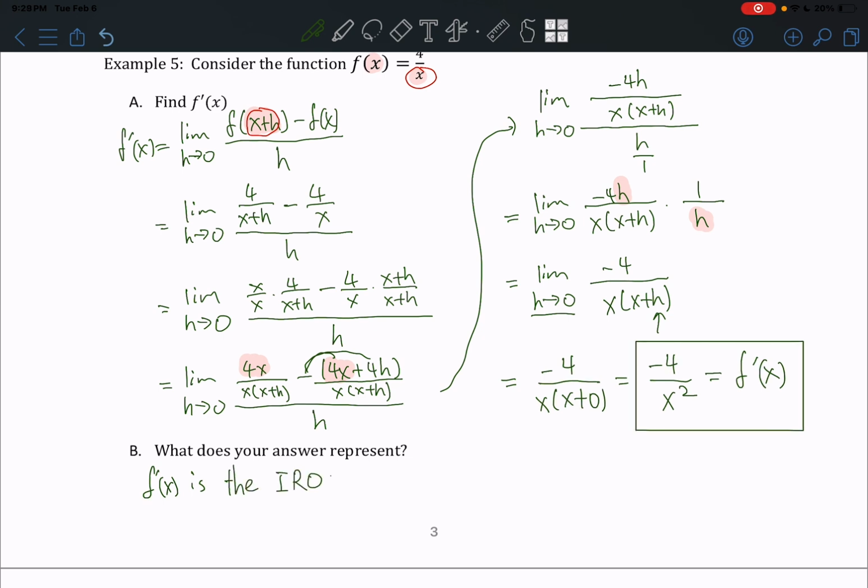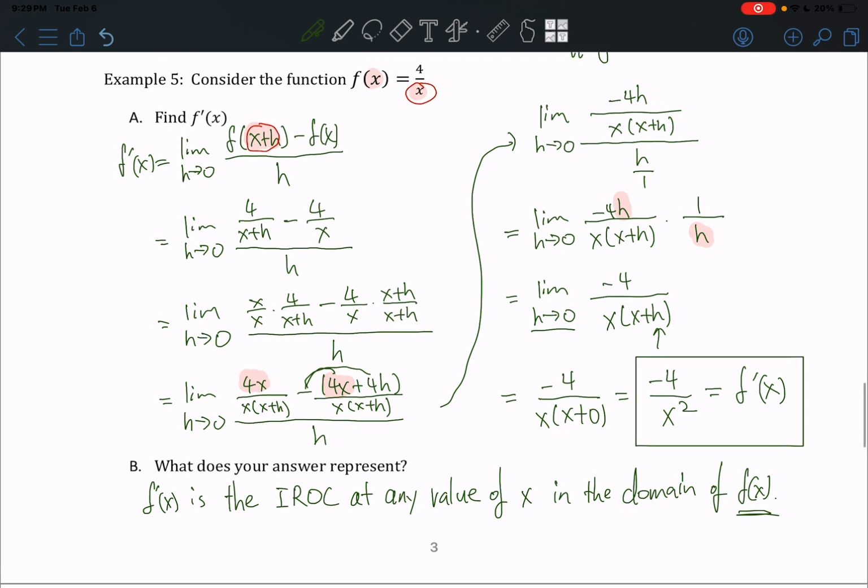Instantaneous rate of change at any value of x in the domain of f of x. In the domain of the original function. So we always want to chase after the domain of the original function that we started the whole example with.